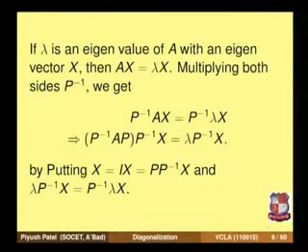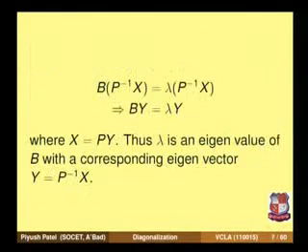We know that the expression P inverse AP is B, so we have B times P inverse x equal to lambda times P inverse x. Let us put the vector P inverse x equal to y, so that we have By equal to lambda y. Therefore, by definition of eigenvalues, this lambda is also an eigenvalue of the matrix B with corresponding eigenvector y.